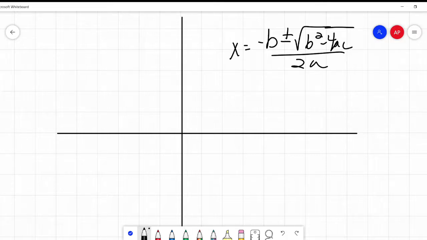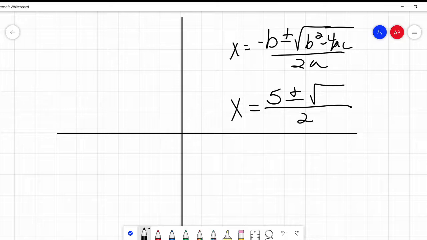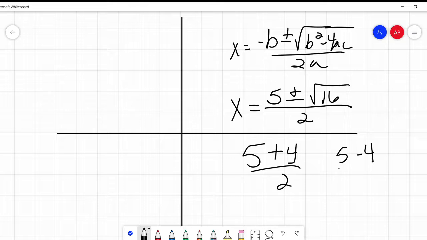What would happen if I got something like, say, I don't know, let's say I ended up with 5 plus or minus the square root of 16. Okay, square root of 16 is going to be a positive number, 4, plus or minus 4. So I'm going to have 5 plus 4 over 2 and 5 minus 4 over 2 as my answer. 2 answers, right?